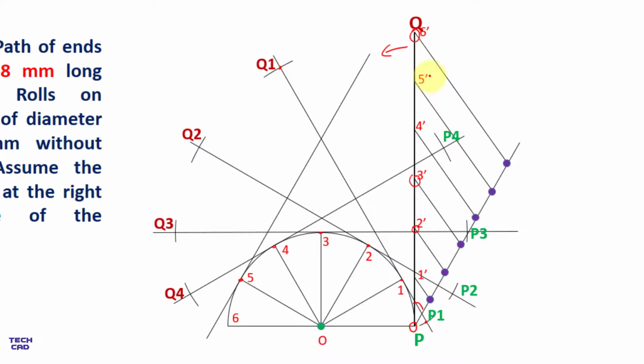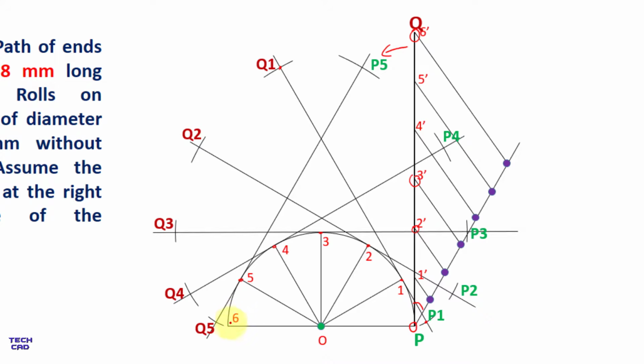Again take your compass and measure 5 dash to Q, put your compass on point 5 on the semicircle and mark an arc over here, and this is the Q5 point. In the same way, measure 5 dash to P, put your compass on point 5 and mark an arc over here, and this is the P5 point.